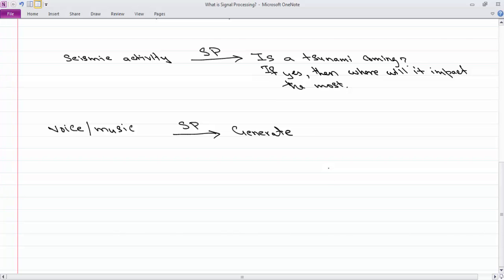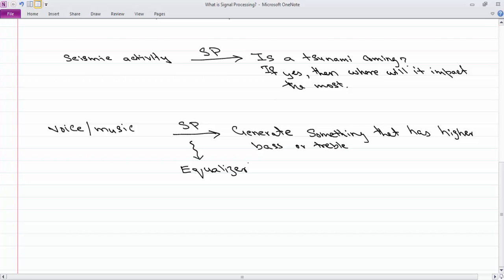So you have a song that you don't like the bass or the treble on, and you do some signal processing to generate something that has, let's say, higher bass or treble. In technical language, signal processing, when it's done like that, we tend to call that an equalizer. We vary the different frequencies to produce the desired effect.